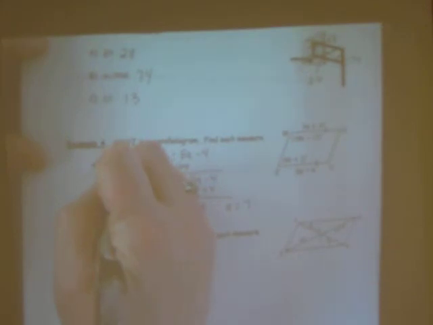Then as you add 4 to both sides, 14 equals 2A, and A equals 7. We're not done yet. A is 7, so we need to put that in here. 8 times 7 is 56, minus 4 is 52.